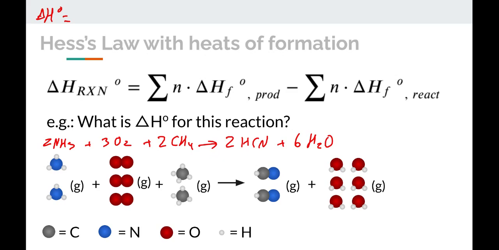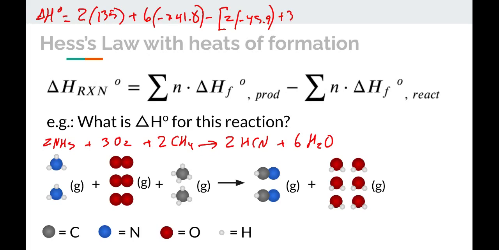Okay, so let's do HCN, 2 moles of that. The heat of formation for HCN is 135 kilojoules per mole. 6 moles of water, negative 241.8 kilojoules per mole for water. That's our products. We're going to subtract the same sum for reactants. We have 2 moles of ammonia, negative 45.9 kilojoules per mole is the heat of formation for ammonia.